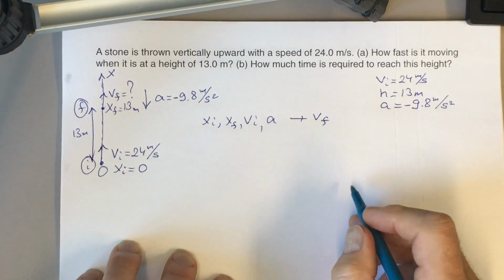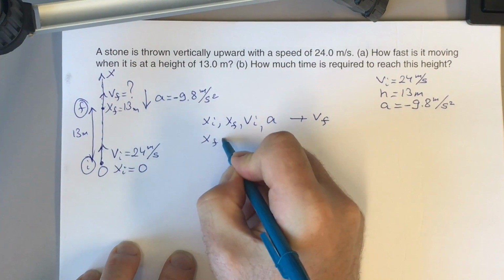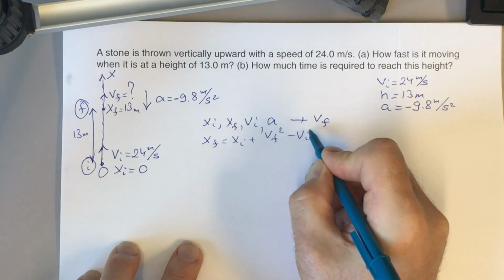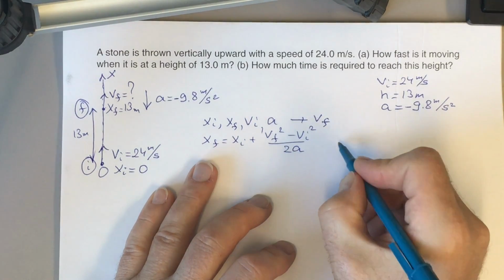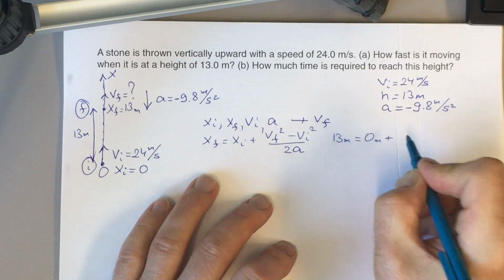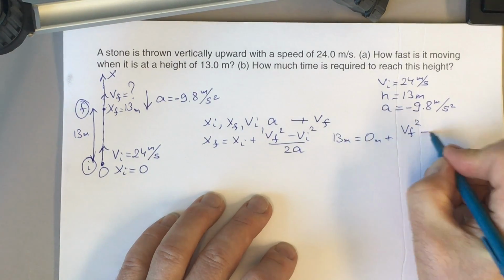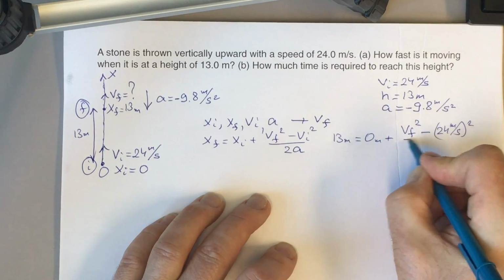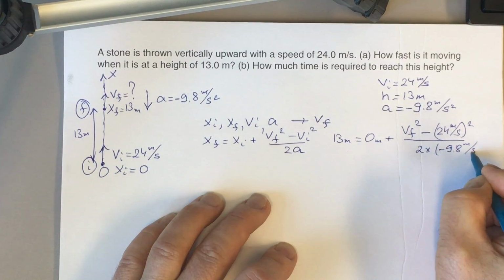The easiest way to calculate v final is to use the third formula from your formula sheet: x final equals x initial plus v final squared minus v initial squared divided by 2a. If you plug in numbers, you have 13 meters equals 0 meters plus unknown final velocity squared minus 24 meters per second squared divided by 2 times negative 9.8 meters per second squared.